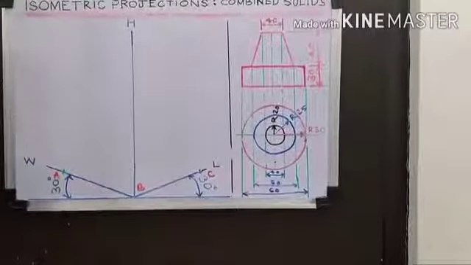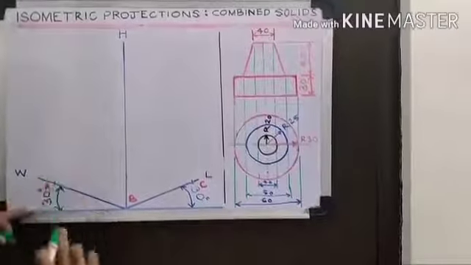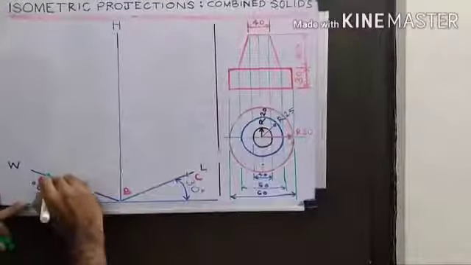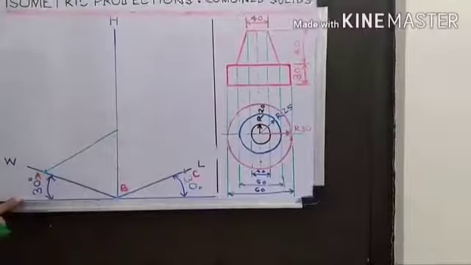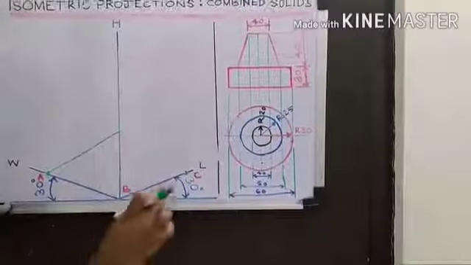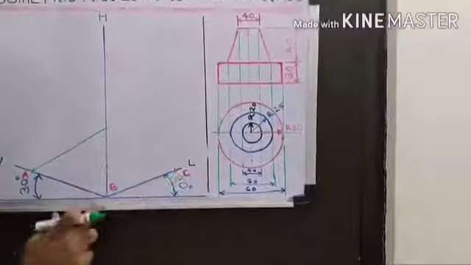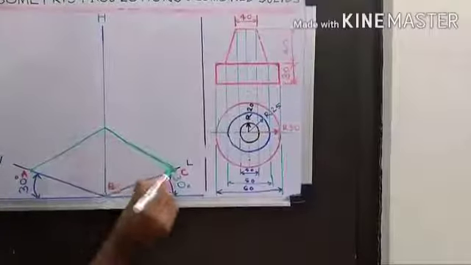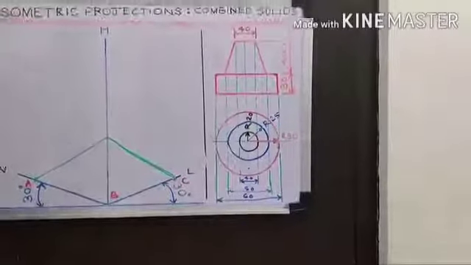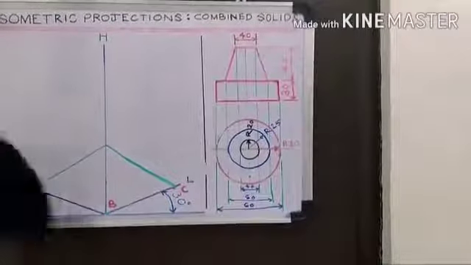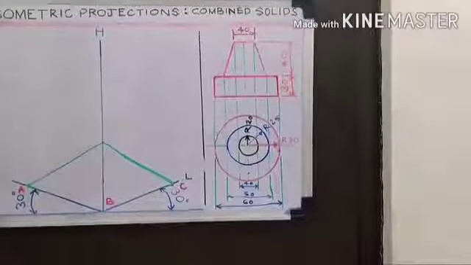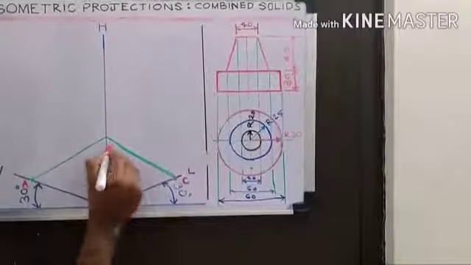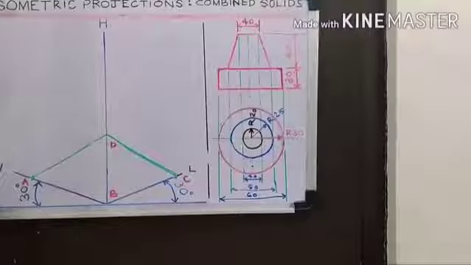After that, passing through A, draw a parallel line to BC by using a drafter. Passing through C, draw a parallel line to AB by using a drafter. Now we got the rhombus. This is D point.